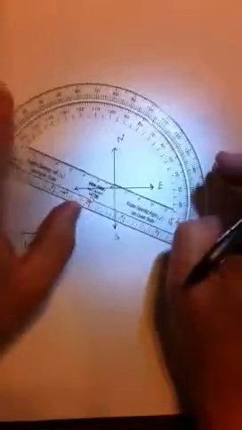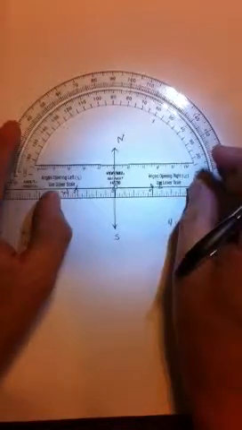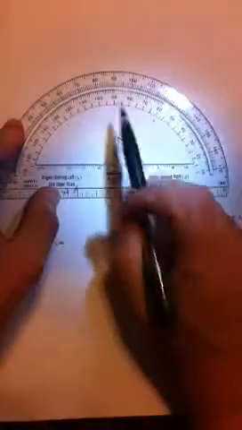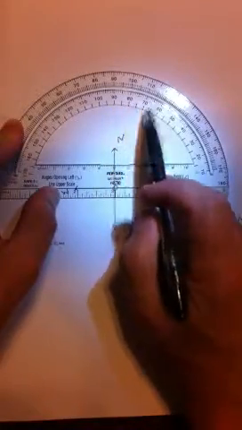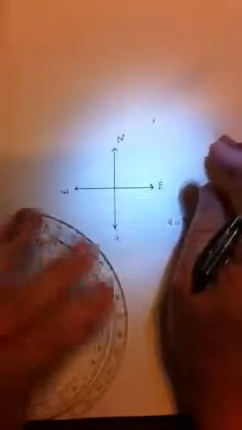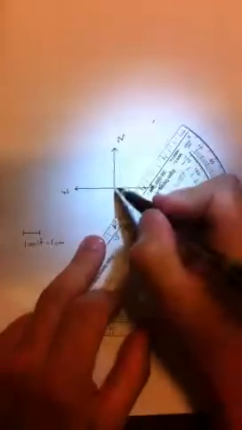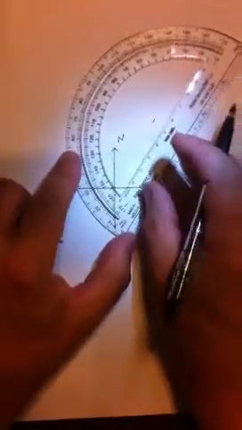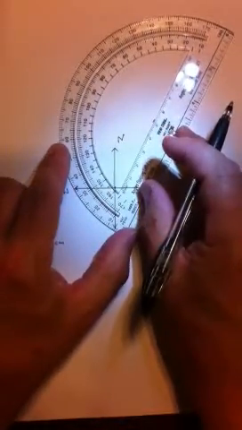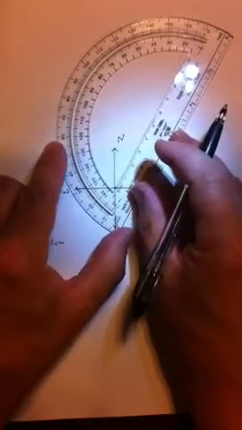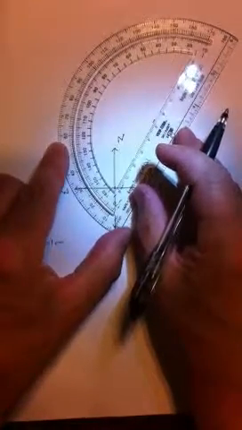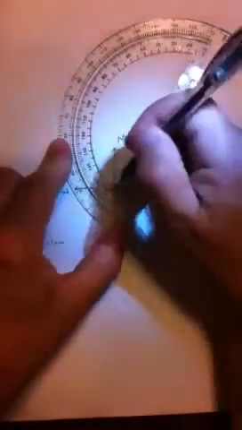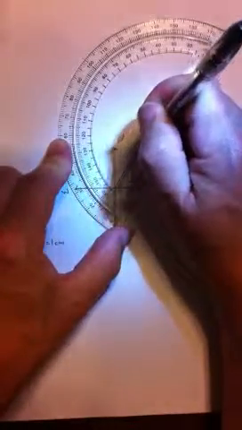So the protractor really could be used in any orientation as long as you keep in mind the value of the marks on the scale. My vector would begin at the origin, and now I need to draw a line 4 units long that passes through the mark I've made, indicating a 30-degree angle. Here's my vector.